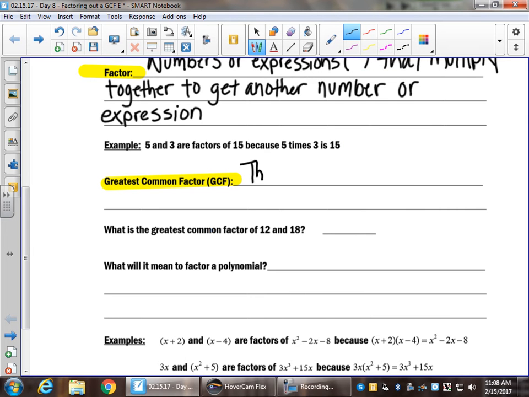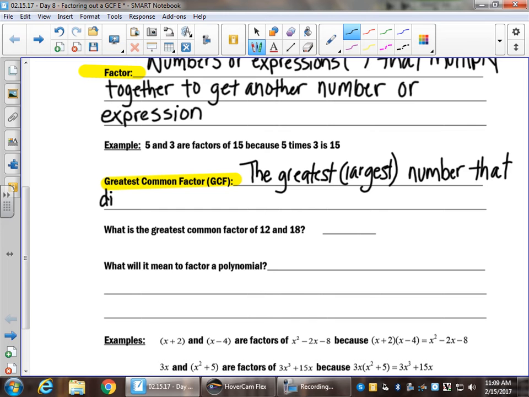The greatest or largest number that divides exactly or evenly into 2 or more numbers.